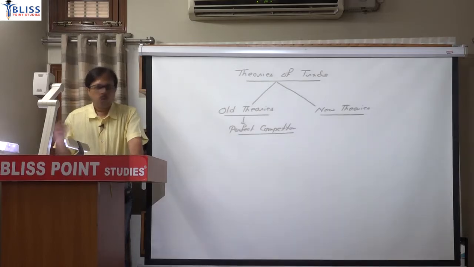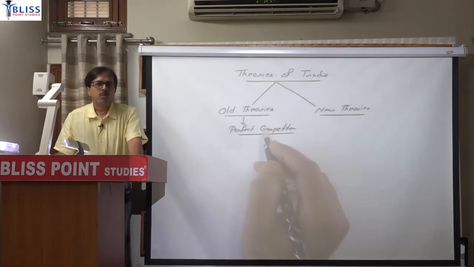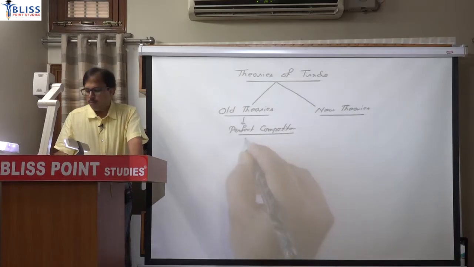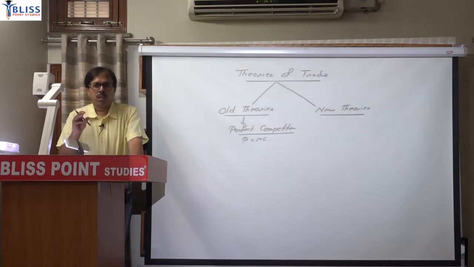I said the approach of this section will be micro, so it will be based upon micro tools. If you apply perfect competition, it means firms are producing a homogeneous product. There are a large number of sellers, firms act as price takers, and the price of the product will be equal to the marginal cost. So firms are producing a homogeneous good. That means if there is, let us say, a cloth product, then there are a large number of cloth producers, but all are producing the same cloth.